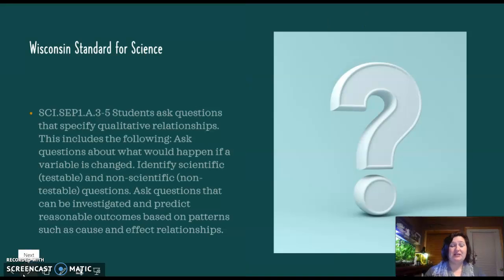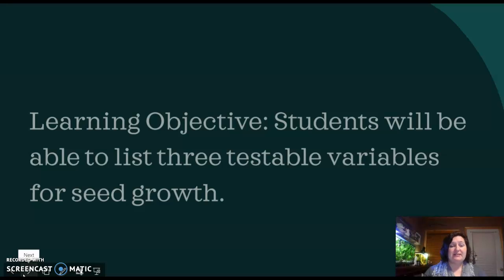All right, so standards for science. Max, go ahead and read that for us. Thank you, perfect. Yeah, so there's a word variable that we're going to be talking about in a couple minutes here. It's really important, and that is going to come in play with our questions that we're going to be asking.